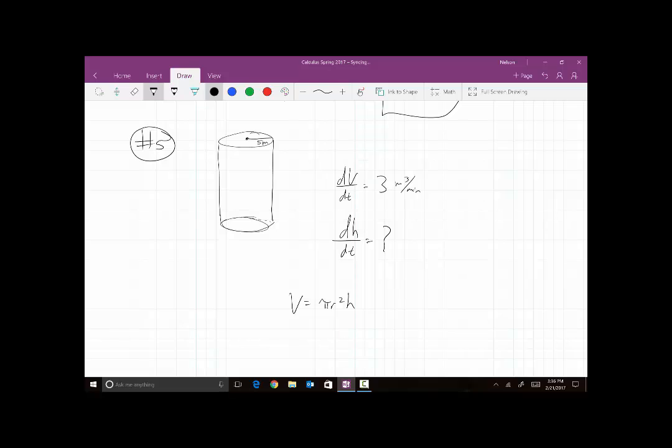It says, how fast is the height of the water increasing?